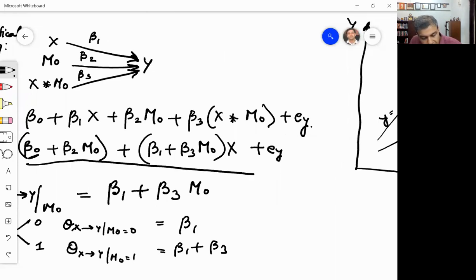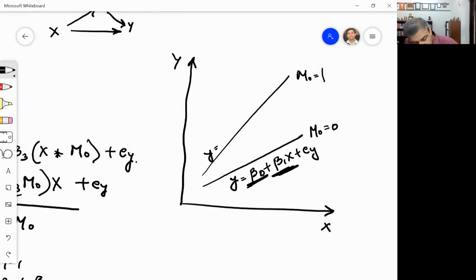You get beta naught plus beta 2 as the intercept, and beta 1 plus beta 3 times X plus E of Y.